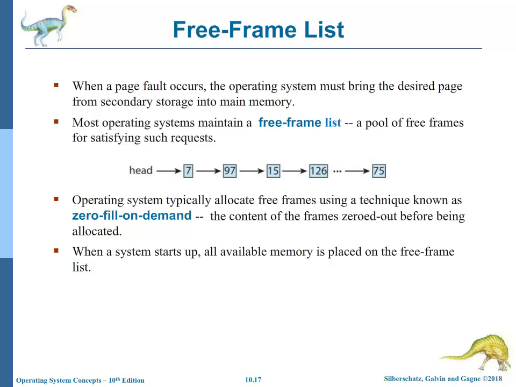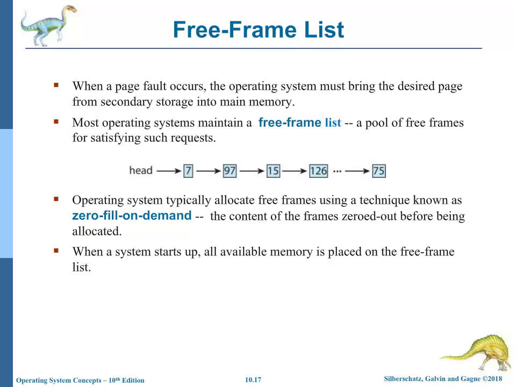When a page fault occurs, the operating system must bring the desired page from secondary storage into main memory. To resolve page faults, most operating systems maintain a free frame list, a pool of free frames for satisfying such requests. Free frames must also be allocated when the stack or heap segments from a process expand.